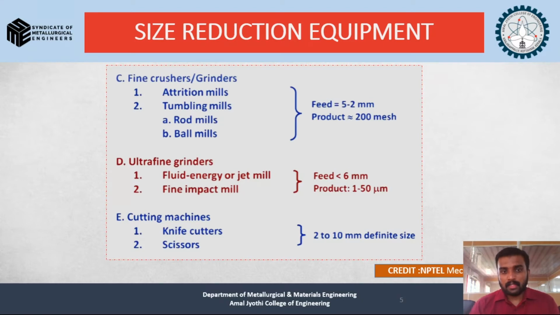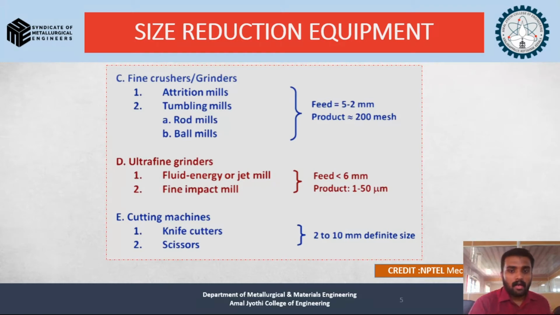And we have then the next grade called ultra fine grinders. And why we are explaining all this, because we are dealing with powder, and our aim is to make extremely fine powder for our powder metallurgy parts. And we have ultra fine grinders where we have a feed size of 6 mm, and we are getting a product in the scale of micron.